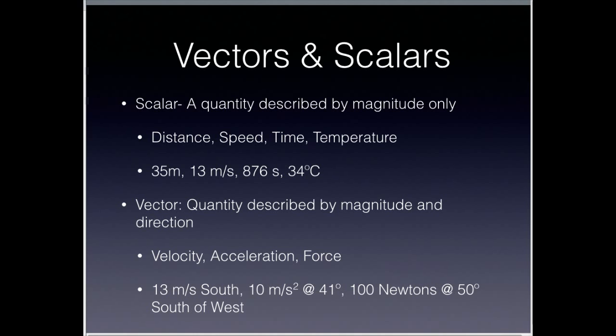So a scalar is something that is a distance, a speed, a time, a temperature, something like that. Something where you wouldn't necessarily say a direction that goes with it. So in this case, you wouldn't say like 34 degrees Celsius north. It just doesn't make sense. So again, scalar, no direction with it, and that's very, very important.